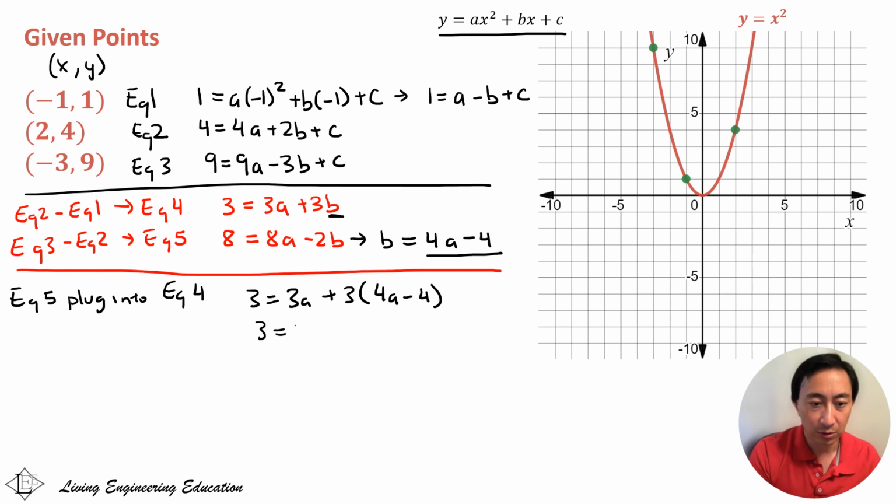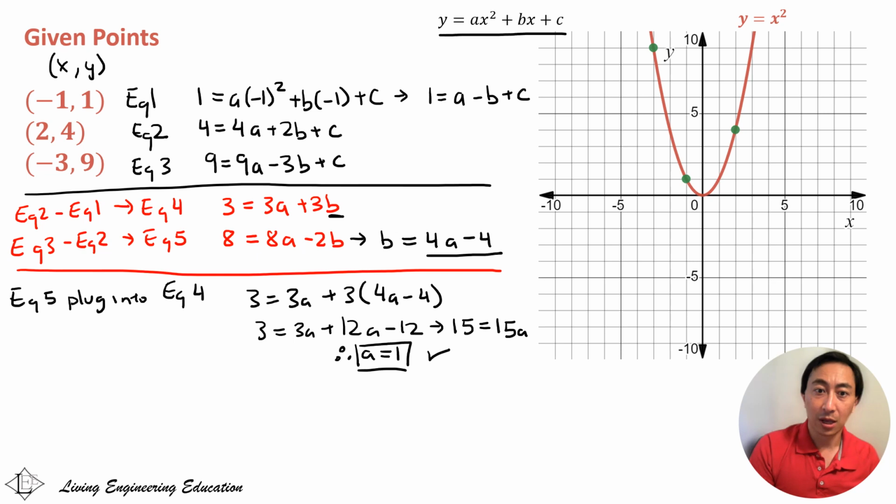So I get 3 equals 3a, distribute the 3, it gets 12a minus 12. If I move 12 over to the left side, I get 15. And then 3a plus 12a is 15a. So we know that a is equal to 1, which is good because that's what's expected.